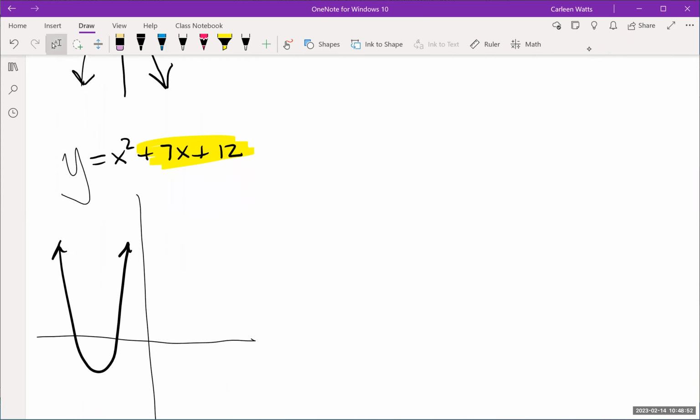Okay, this one has 2 x-intercepts. If I were to factor, split, and solve, I could find the 2 x-intercepts. So exponent of 2, you're expecting 2 x-intercepts unless you get a bounce. Here's another bounce.